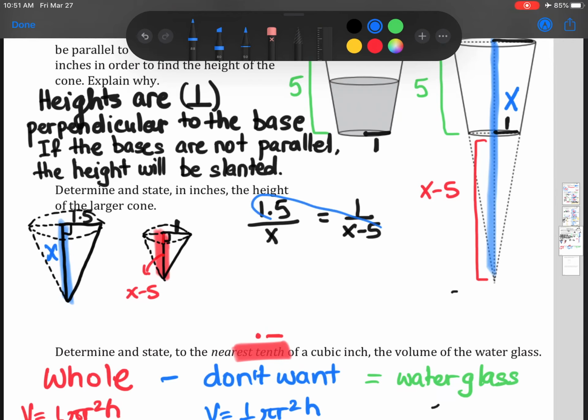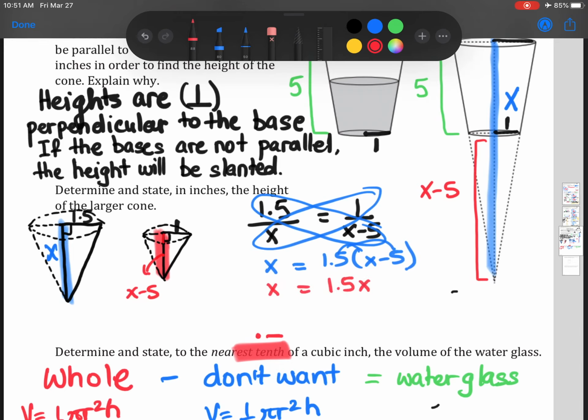Cross multiply, right? So what do you get? x equals 1.5 times x minus 5. This is where people actually get confused, and now you're going to distribute it. I'm going to try to do everything in color. So it's 1.5x minus 7.5.